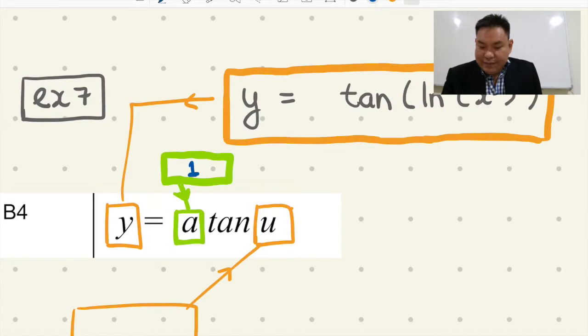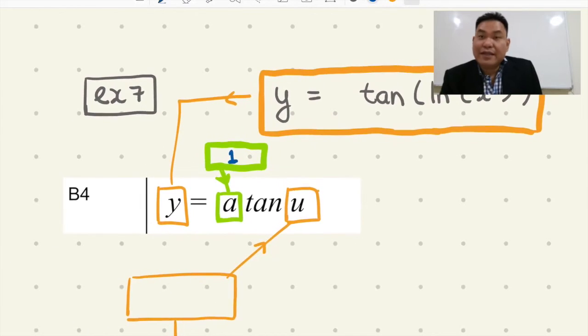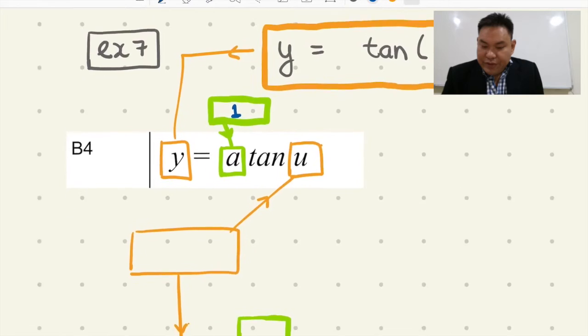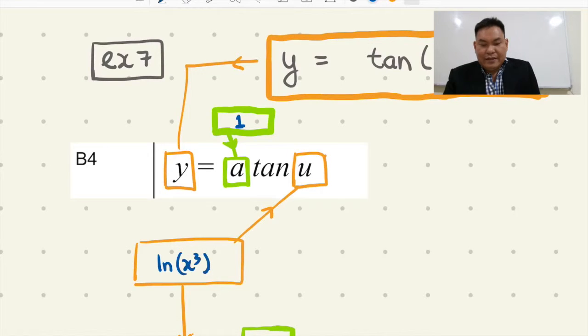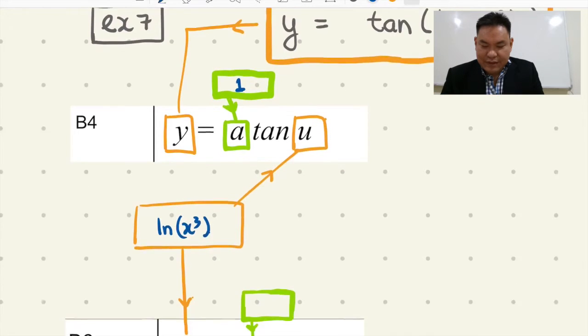A will be 1 because there's nothing in front of the tangent. U will be ln x cubed. If you replace a with 1 and u with ln x cubed, you get the original function, right?